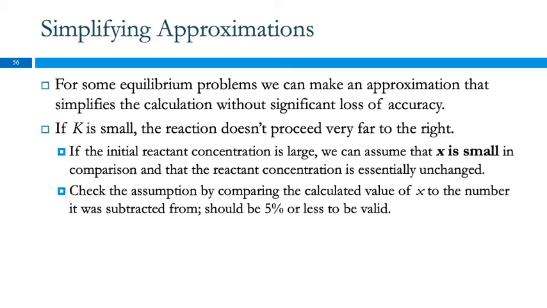So if K is small, that means that the reaction doesn't go very far to the right. It doesn't make much product. If the initial reactant concentration is large, then we can assume that the change is going to be small because K is small, and subtracting a small number from a large number doesn't really matter.